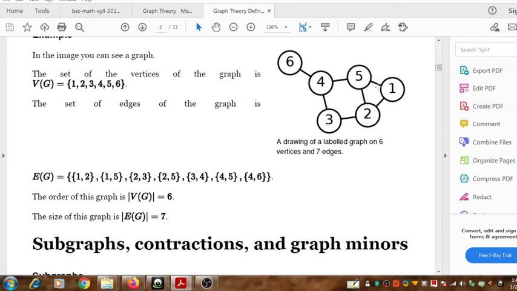Look at the figure: 1 2 connects 1 and 2, and from 1 to 5 there is a connection, and between 2 and 5 there is a connection. 3 4 connects 3 and 4, 2 3 connects 3 and 2, and 4 6 connects 4 and 6.